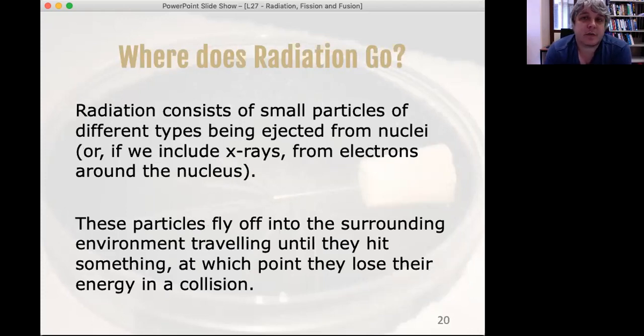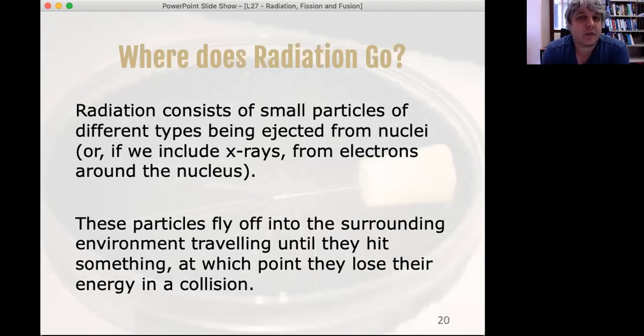So these particles, which are electrons, alpha nuclei, and both gamma and X-ray photons, they fly off into the surrounding environment, traveling until they hit something. Remember our discussion about thermal radiation. It flies off as a result of being a bit too hot. It gives off some energy as a photon, flies off until it hits something and it's absorbed by that thing, and that thing just gains that thermal energy. The same thing happens here. These particles fly off until they hit something and lose their energy.